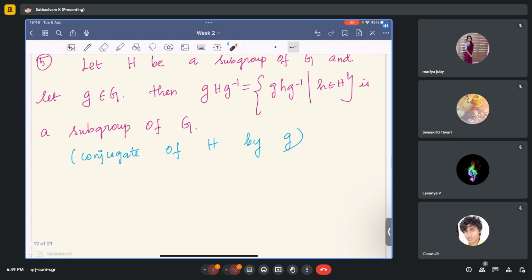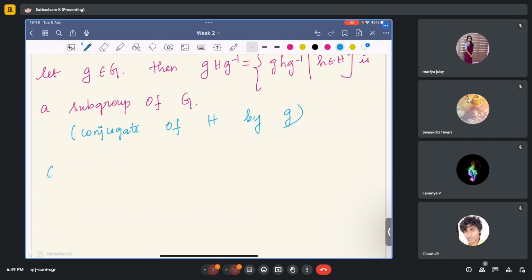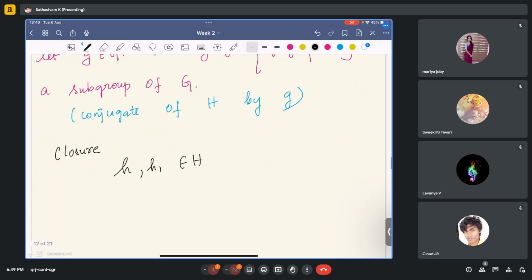But right now, let's just prove this is a subgroup. Again, what do we want to prove? We just need to prove the closure and the inverse. So let's start with the closure. Let's start with h and h1 belonging to H. What we want to prove is g h g inverse times g h1 g inverse belongs to gHg inverse.